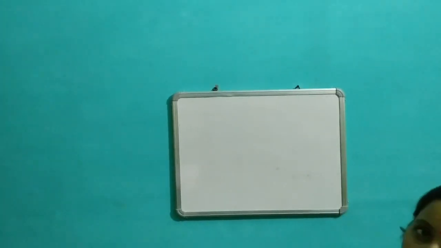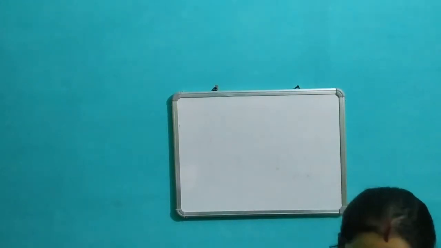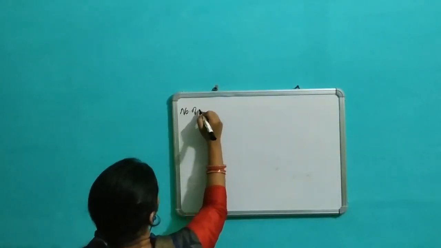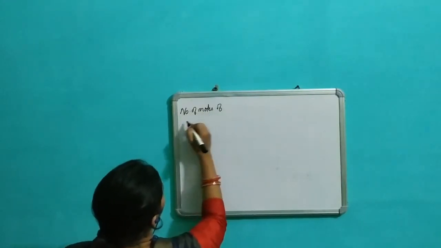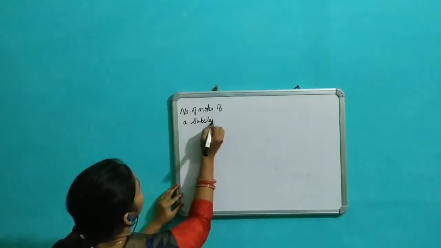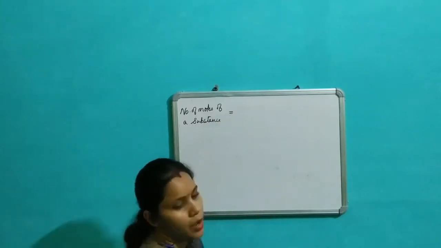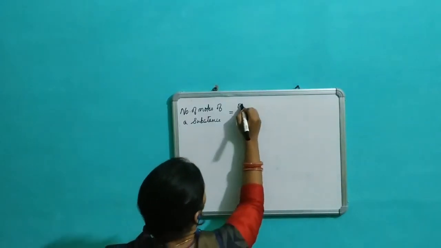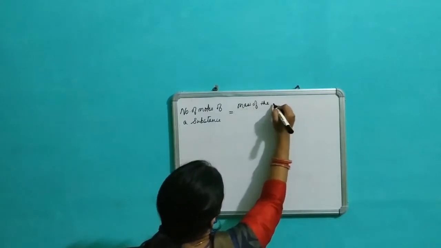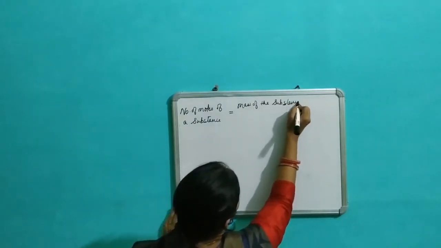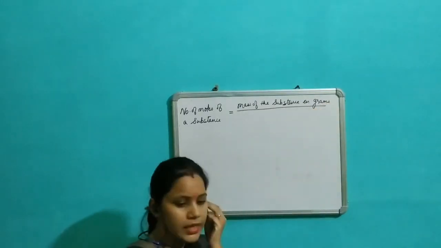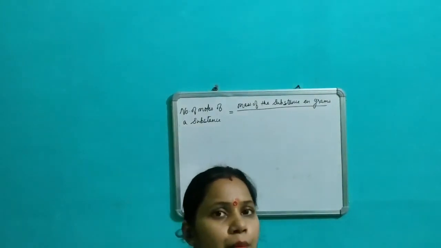Now coming to the number of moles. How many moles are there in a certain mass of a substance? In order to calculate the number of moles of a substance, that is equal to the mass of the substance in grams, that is the given mass of the substance in grams, divided by the gram atomic mass or gram molecular mass.